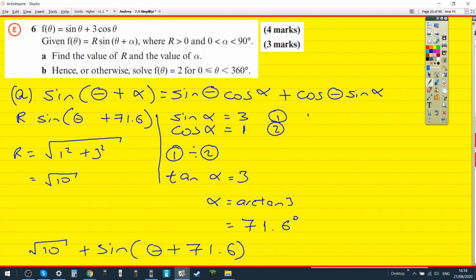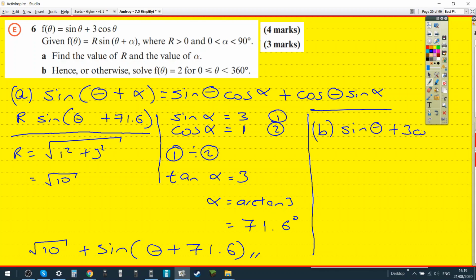Part B. Now that means that sine theta plus 3 cos theta equals 2. Yep. And it'll be root 10 sine theta plus 71.6 is equal to 2. That's also true.